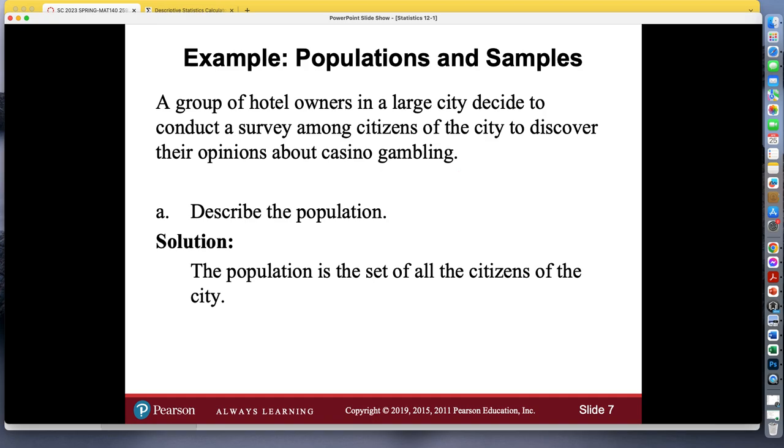Is it all people? Is it all people visiting the city? It's a set of all citizens. So we'd have to define that a little bit. Is that people that live here? In Scottsdale, especially in this area, we have a lot of snowbirds. So those people who come for 6 months out of the year, would we want to include them? Or are they just long-term tourists? So you've got to decide who you're looking for.